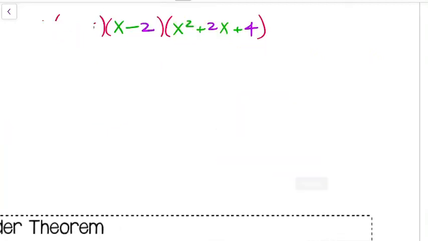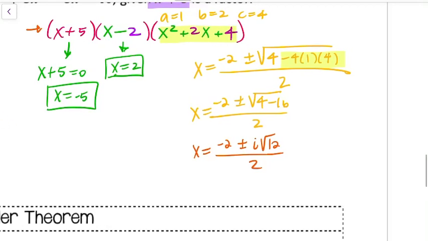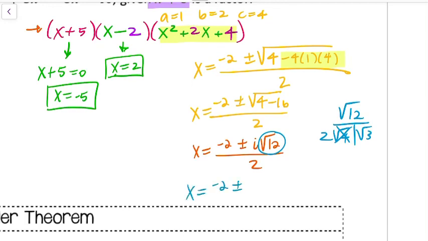First of all, we've got a negative under the square root. So we should immediately take that out and call it i root 12. But we get to break down the square root of 12. So the square root of 12, we can break into the square root of 4 and the square root of 3. The reason we do that is because the square root of 4 is just 2. So x equals negative 2 plus or minus 2i root 3 is how we'd write all that, all over 2.